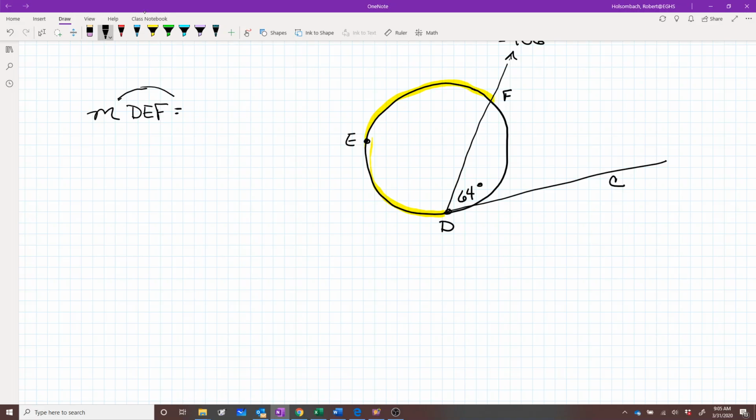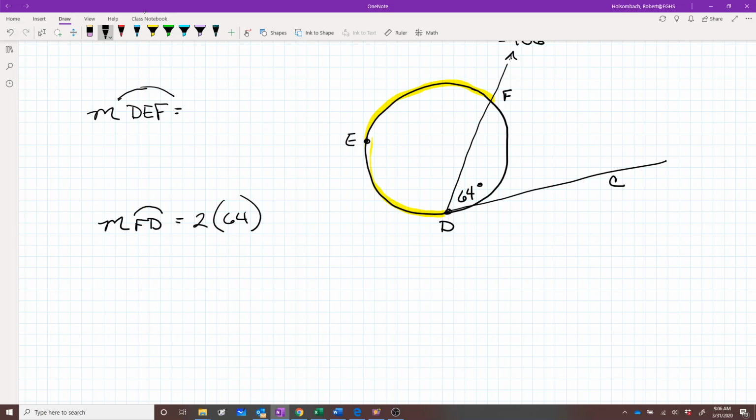So remember what we said earlier, arc DEF and arc FD need to sum 360. So the first thing we can find is the measure of arc FD. So the measure of arc FD is going to be equal to 2 times the 64-degree angle.